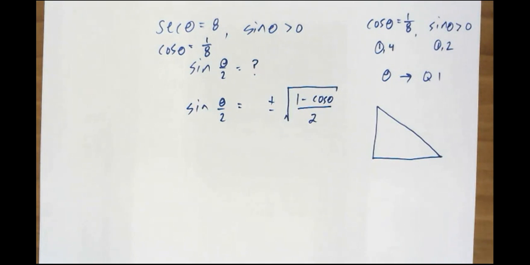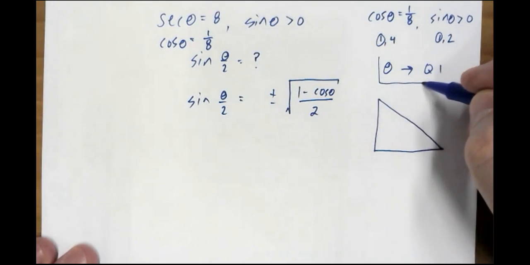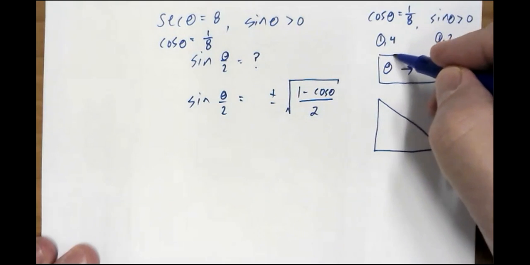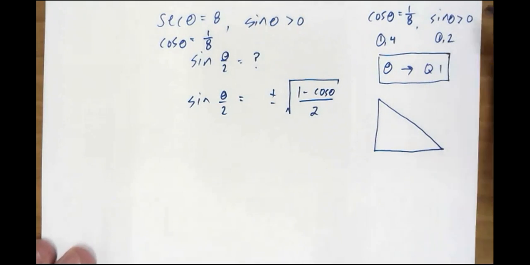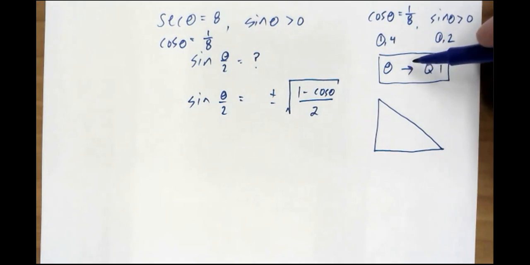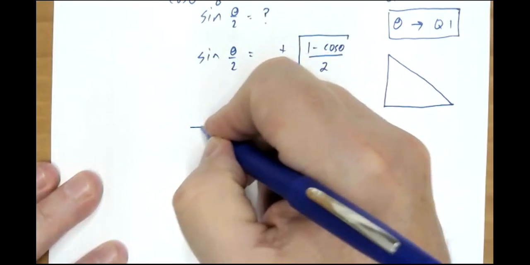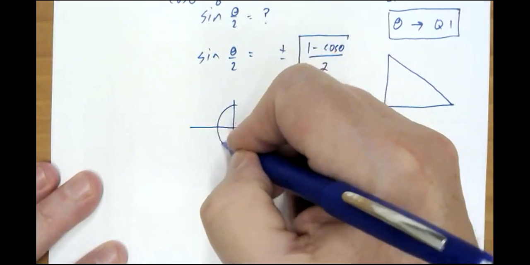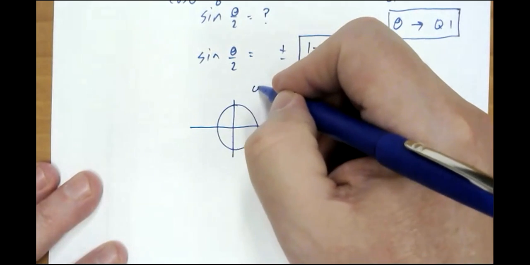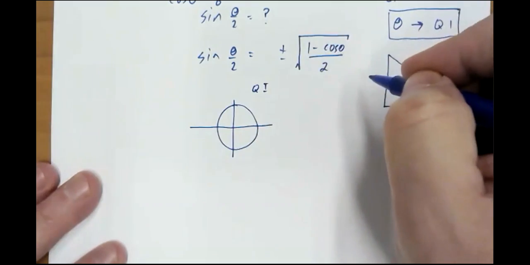And what I do is I start out by looking at which quadrant angle theta is in. And I'm going to write this as an inequality. So once again, just make sure everybody, this is quadrant 1.